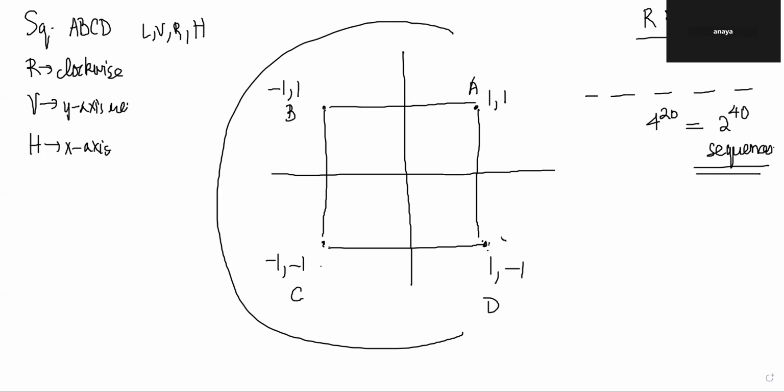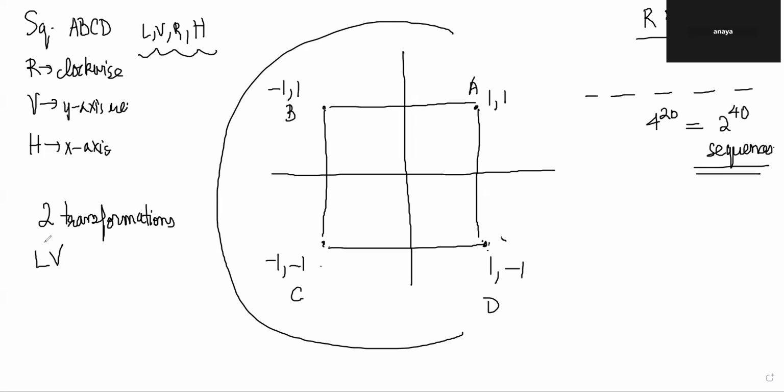Okay, let's focus maybe on small sets of things. Let's focus on 2 transformations. What happens after 2 transformations? There are 6 such pairs. You can do LV.